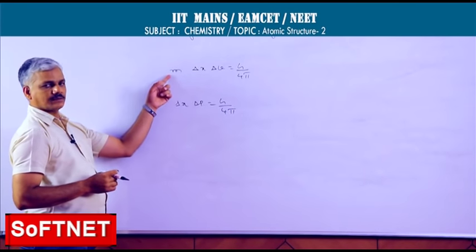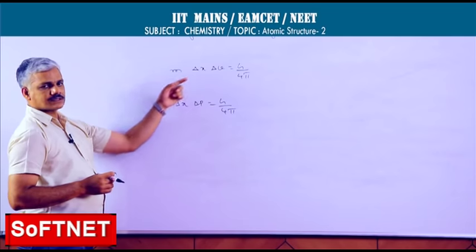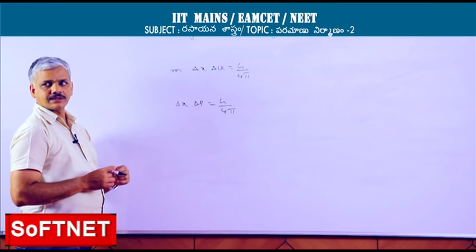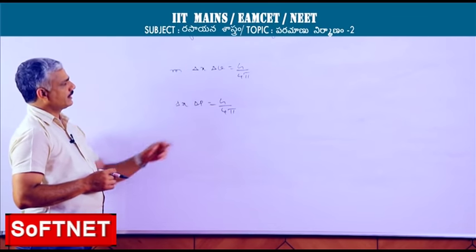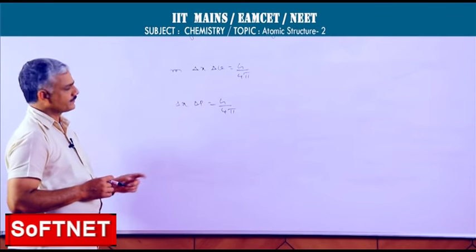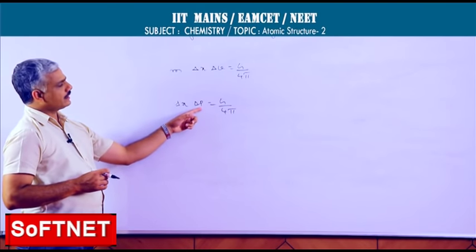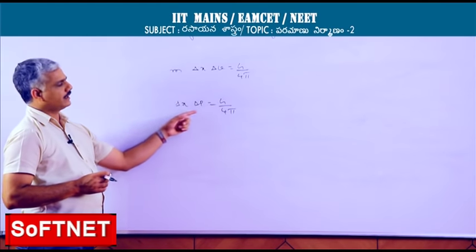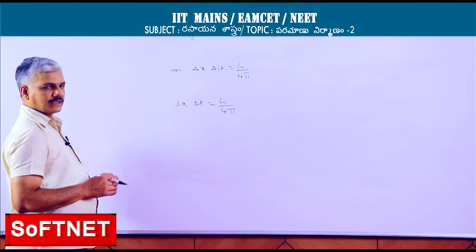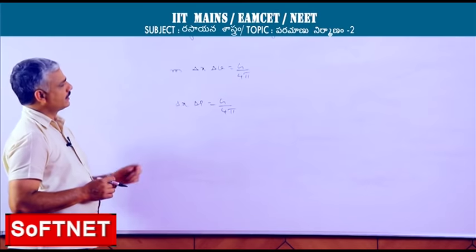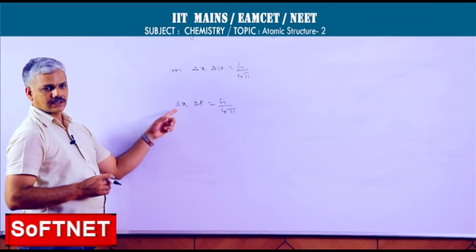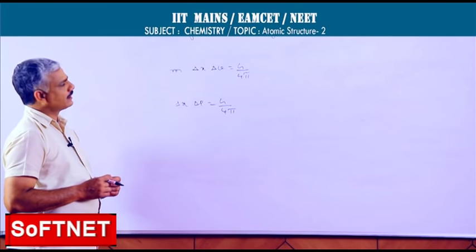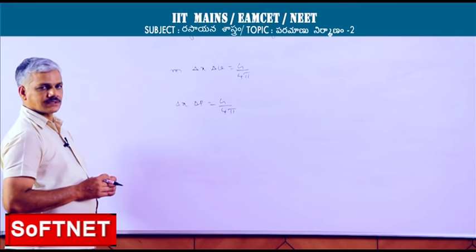Here m stands for mass of the electron, delta x stands for uncertainty in position, delta v stands for uncertainty in velocity, h is Planck's constant. In this alternate form, delta x is same, that is uncertainty in the calculation of position, delta p stands for uncertainty in the calculation of momentum. So by using this equation, first we calculate uncertainty, and from that certainty can be identified by using the principles of probability.